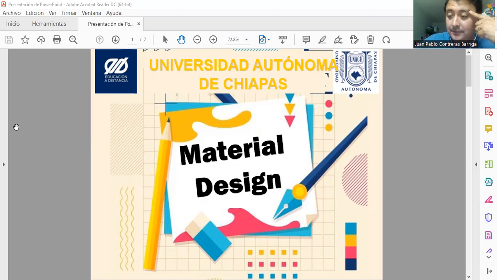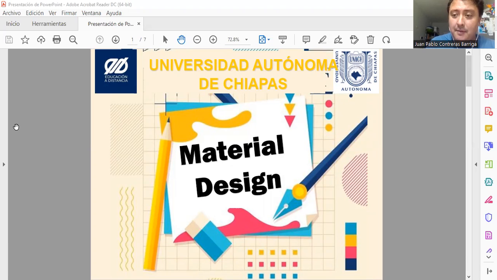Okay, we have to design material for Spanish as a foreign language. And we need to talk about the design of the material, non-authentic material. When we are teaching a lesson, in this case, in Spanish as a foreign language, we need to choose, adapt, and create the material that is going to be guided, didactically speaking.